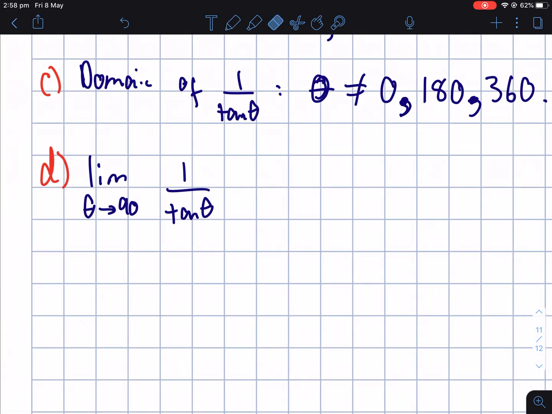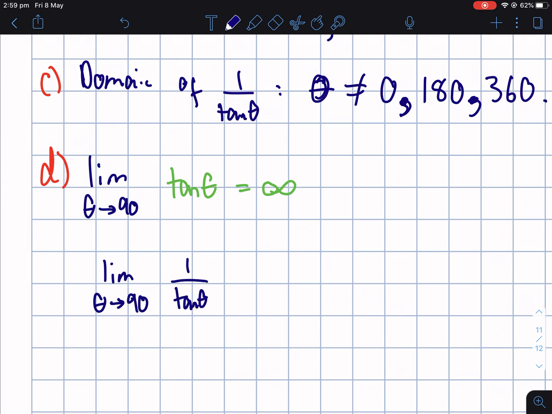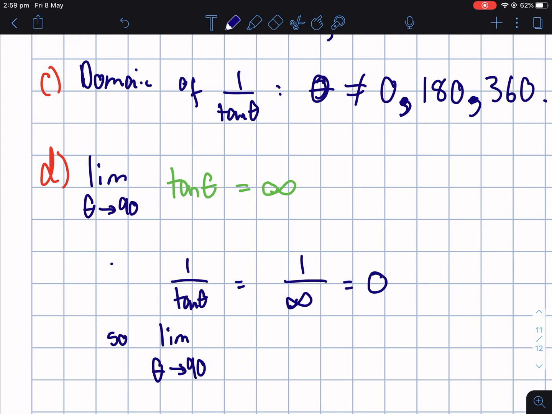So the limit as theta tends to 90 of tan theta is going to tend towards infinity. So the limit as theta tends to 90 of 1 on tan theta is going to be like 1 on infinity, so it's going to tend towards 0. We're going to get closer and closer to 0, but it's positive, so it's from above.